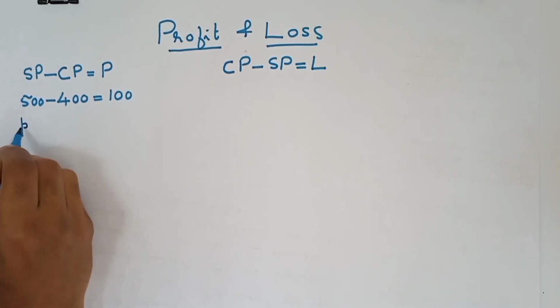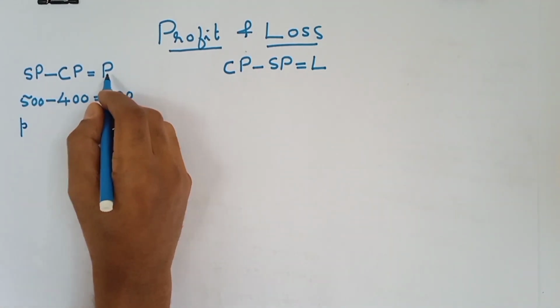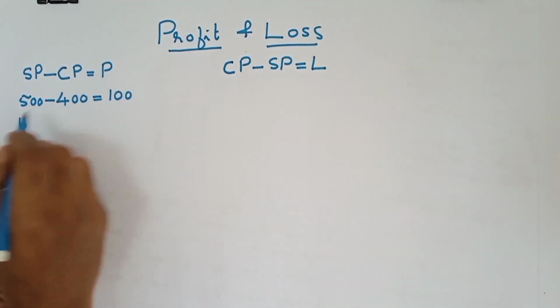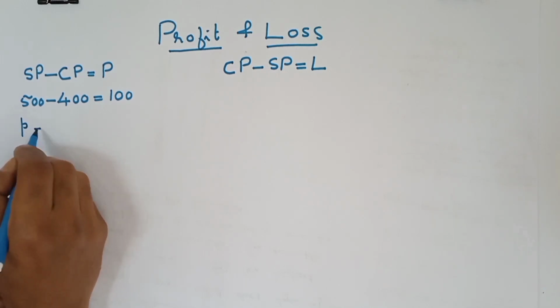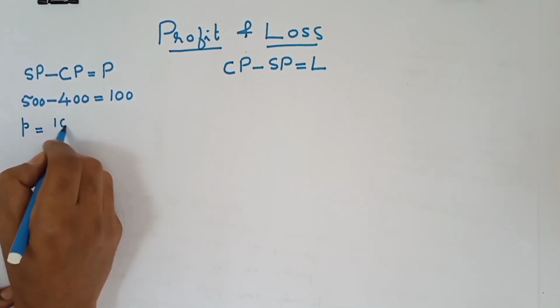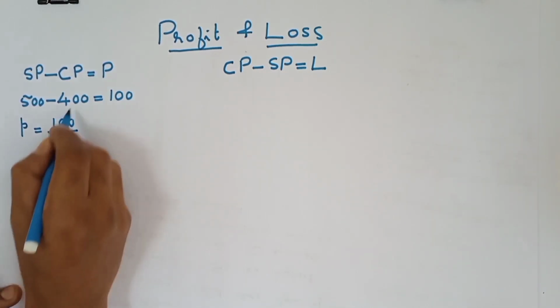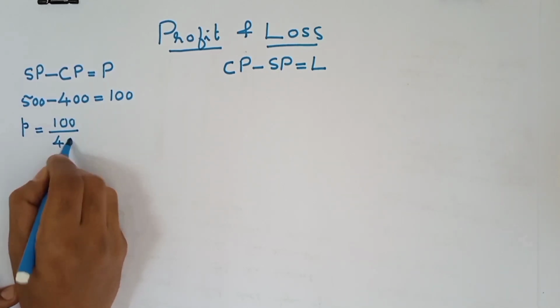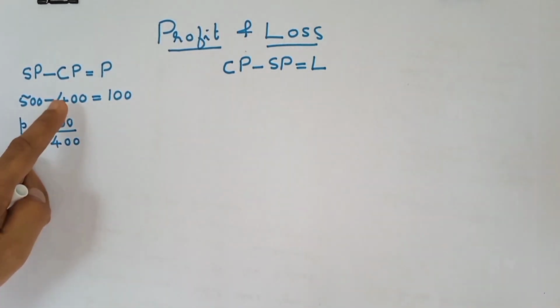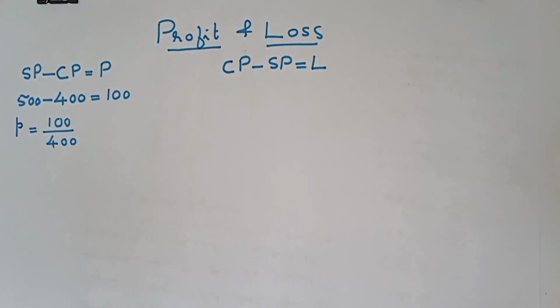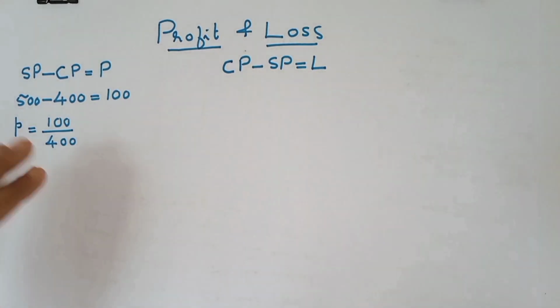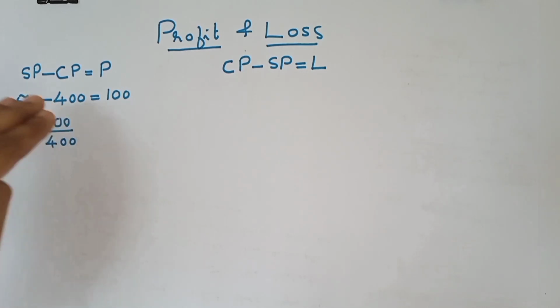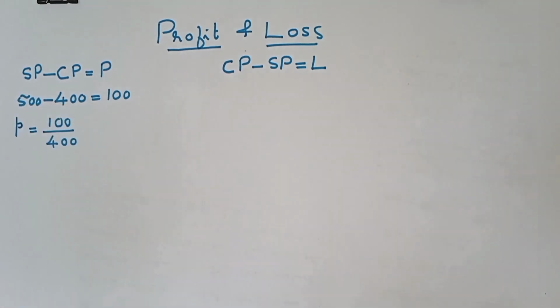Generally, profit when expressed in percentage is denoted by small p, and the capital P we use for absolute profit. So to get this, what do you do? You take the absolute profit here, divide that by 400, which is CP. Never do you take SP, because the investment in any trading transaction is the money you bought something for, which is CP, cost price.